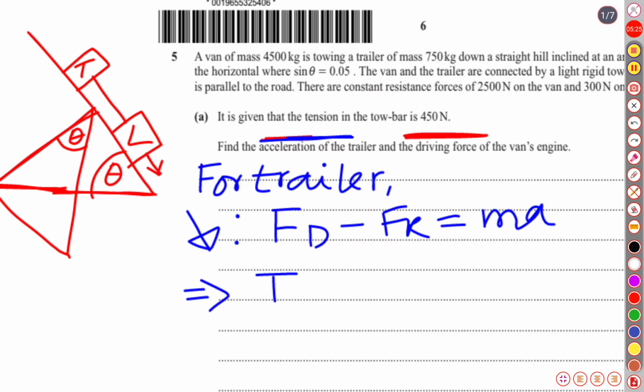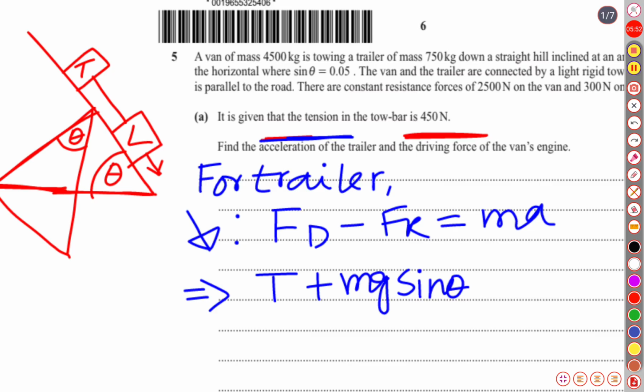Tension is the force acting on the trailer to move down, and at the same time there is another force which is also driving the trailer. That is actually the weight component. We know the weight is mg, and the component is mg sine theta because the angle is theta. These are the driving forces.